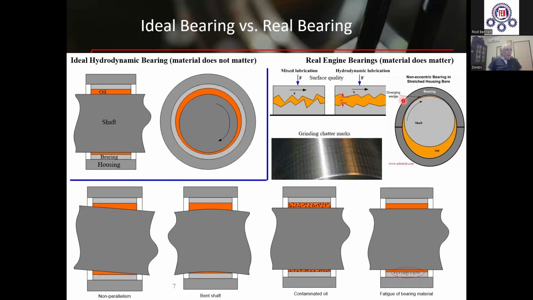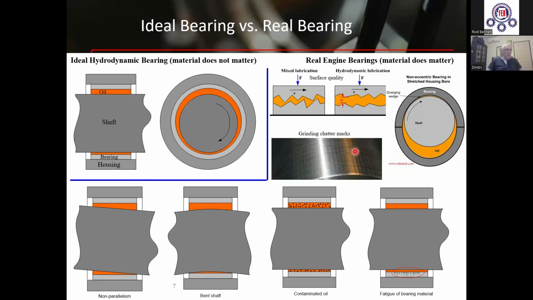And also the bearing geometry may be not perfect, maybe non-round, out of round, like here, because of inertia forces developed in the connecting rod, or because of thermal distortion of the housing of the main bearings, and also some defects of grinding of the shaft may break hydrodynamic lubrication, and the bearing is not perfectly hydrodynamic.